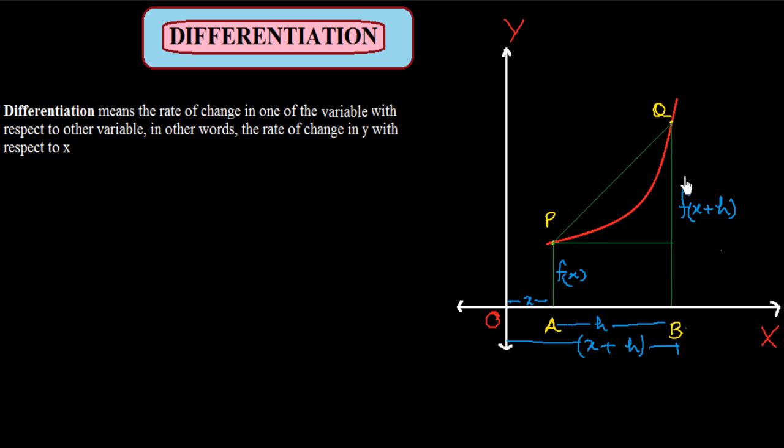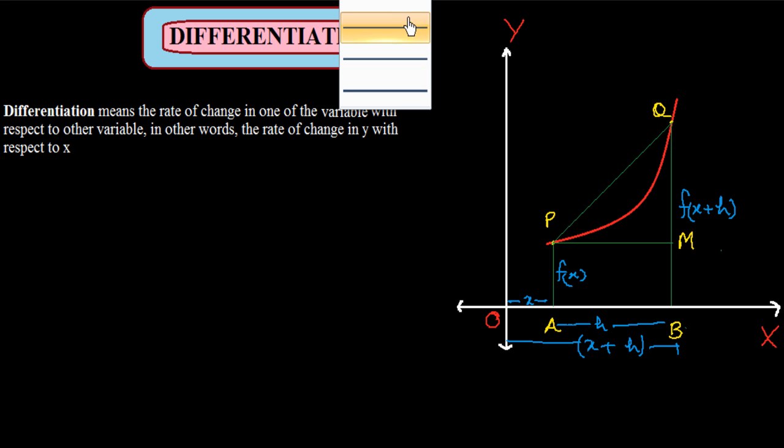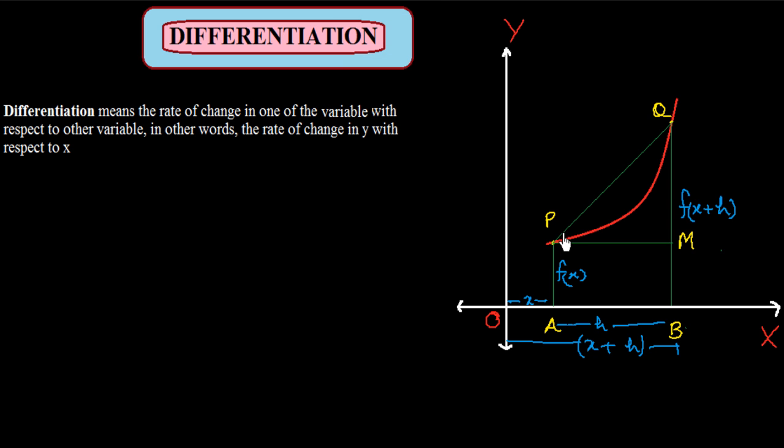I give a name to this point where the perpendicular lies. This is our M point, and we assume that this angle is theta.